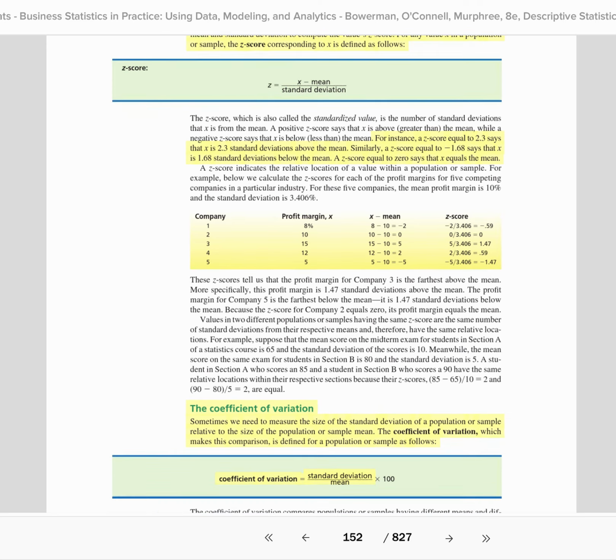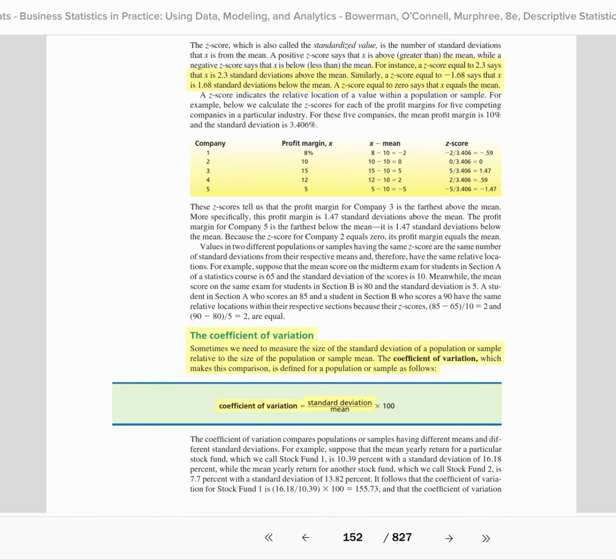How can you explain it with the other data set we had, the students' exams? They had 2 exams. In the first exam, assume that a student got 65 out of 100, and we know the standard deviation is 10. In the second exam, the same student got 80, and the standard deviation was 5.